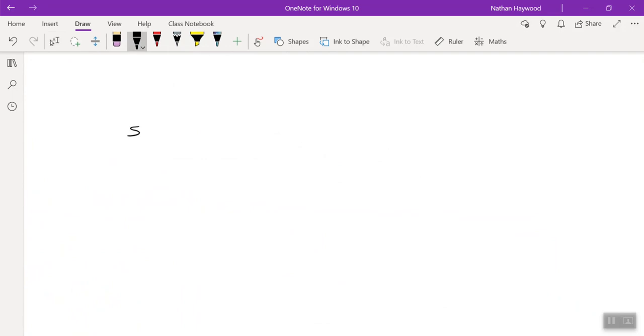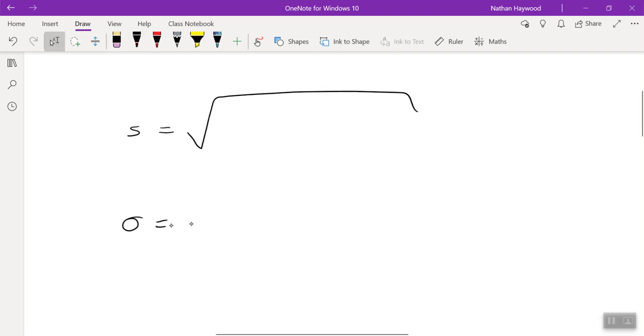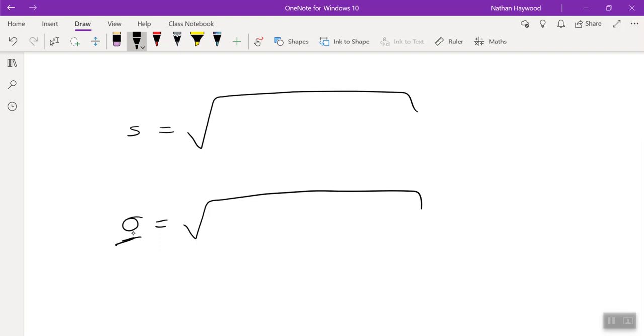So we had two standard deviations. We have S, which is the sample, and sigma. That's lowercase sigma and that's uppercase sigma.